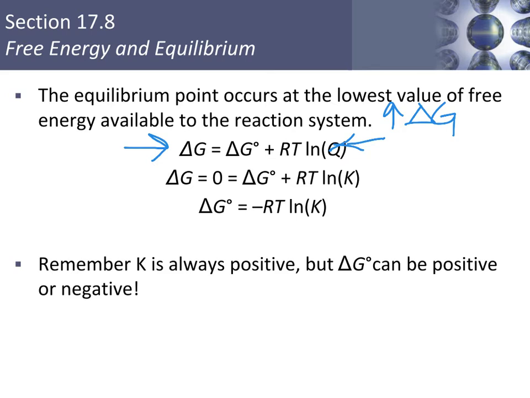Instead of Q, if you substitute K into that equation and set your delta G to 0, because we are talking about equilibrium, we get this new equation that we are going to work with, which is on your equation sheet.